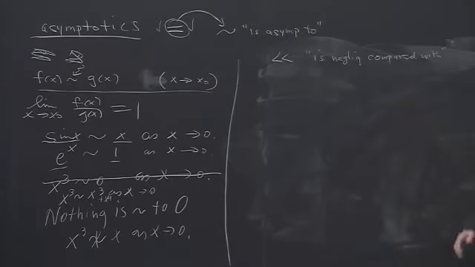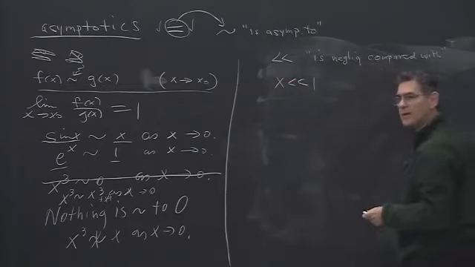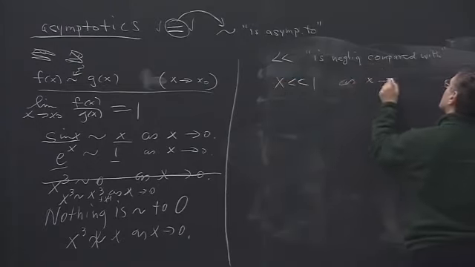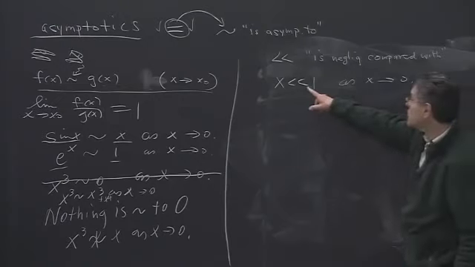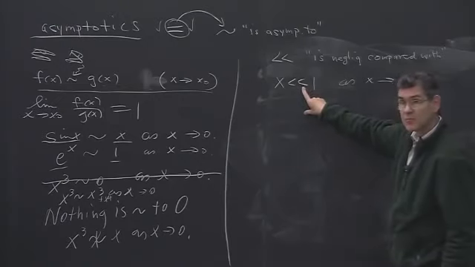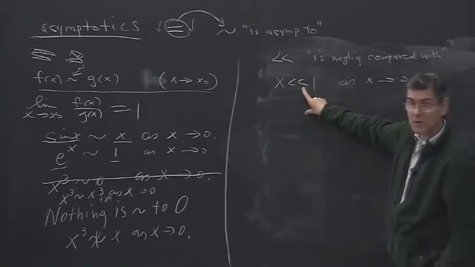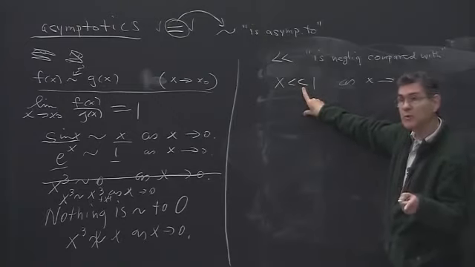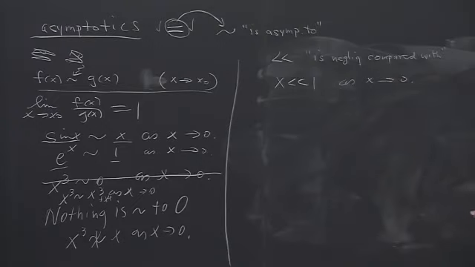For example, x is negligible compared with 1 as x goes to 0. Don't make a mistake, by the way. This doesn't mean less than, and it doesn't mean much less than, because less than is an ordering relation. You know, positive, negative, minus 1 is less than plus 1.